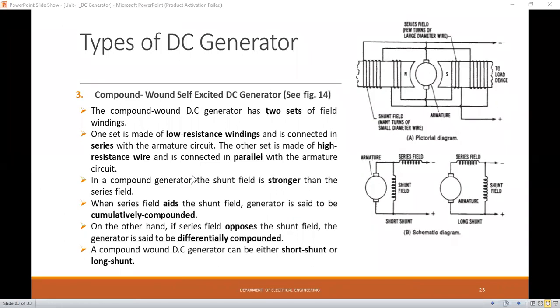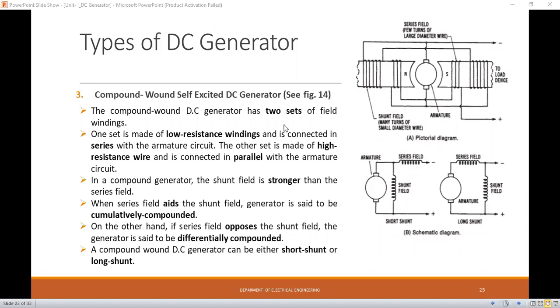One set is made up of low resistance winding and is connected in series with the armature circuit, and the other set is made up of high resistance wire and it is connected in parallel with that of armature circuit. एक winding armature च्या parallel मध्ये connect केलेली असेल, one winding is connected in series with that of armature.